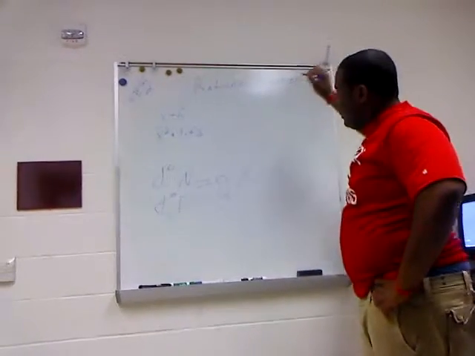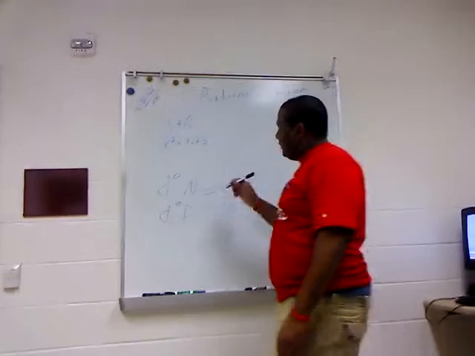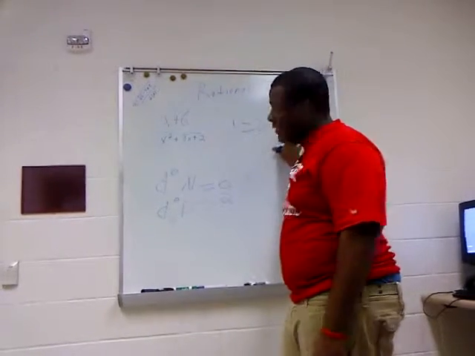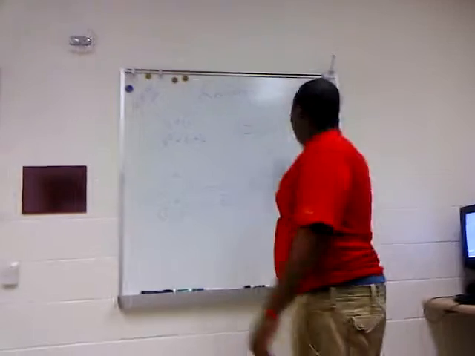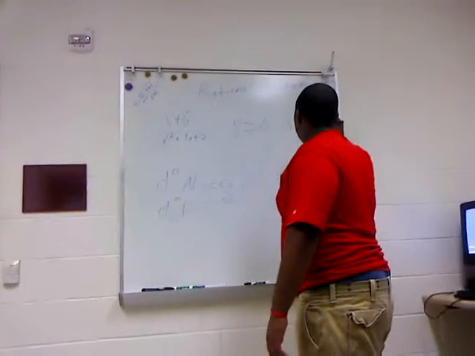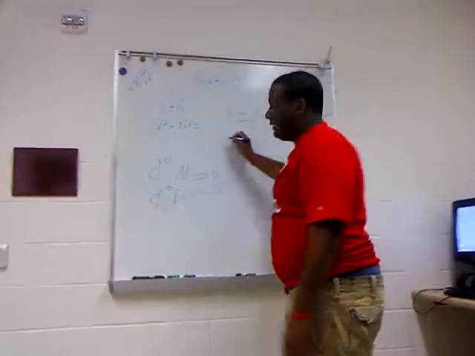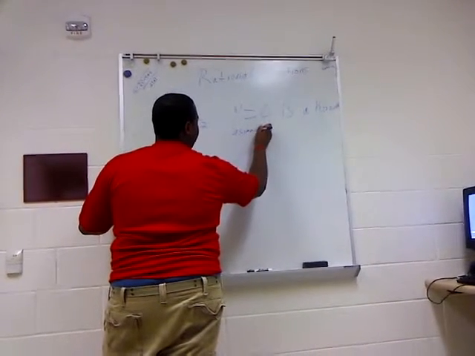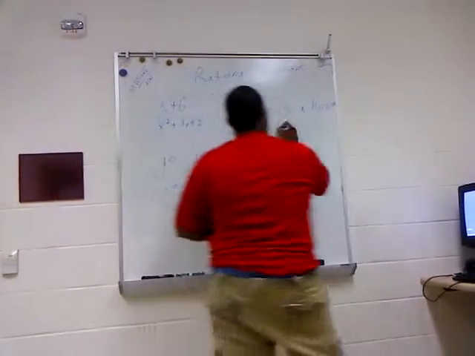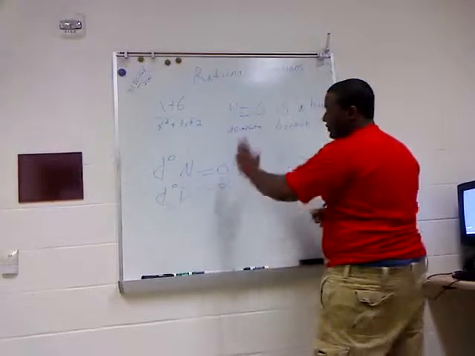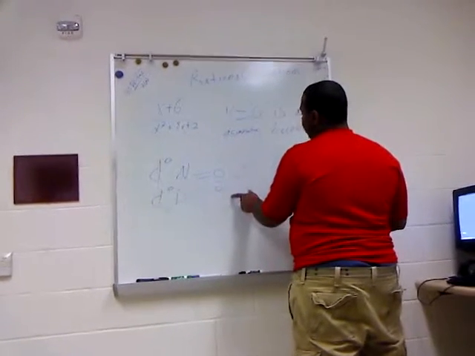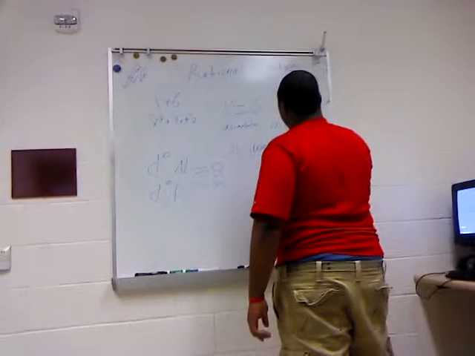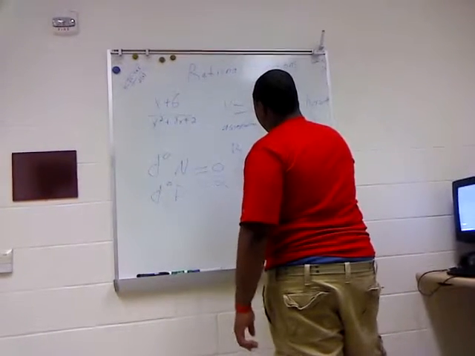Now the sentence you write on your paper for the answer is: y equals 0 is a horizontal asymptote because your denominator is greater than your numerator.